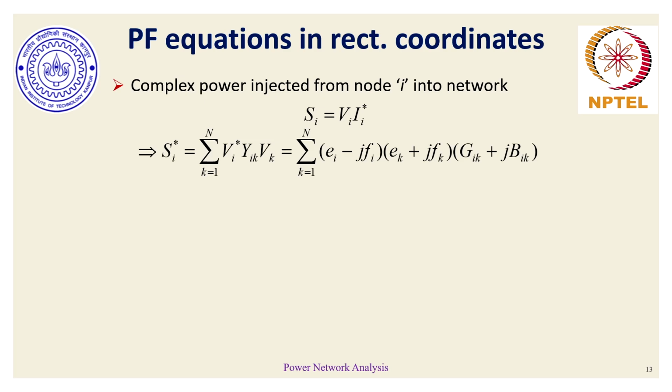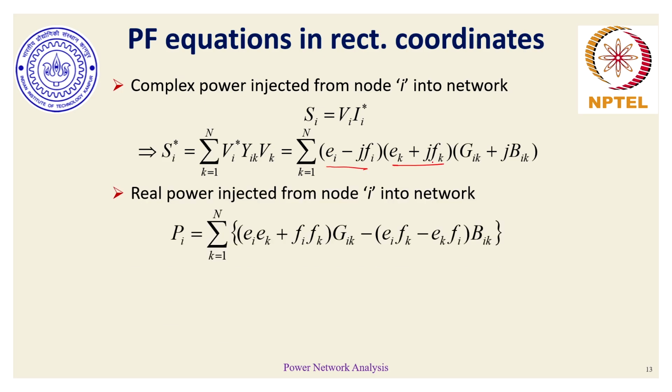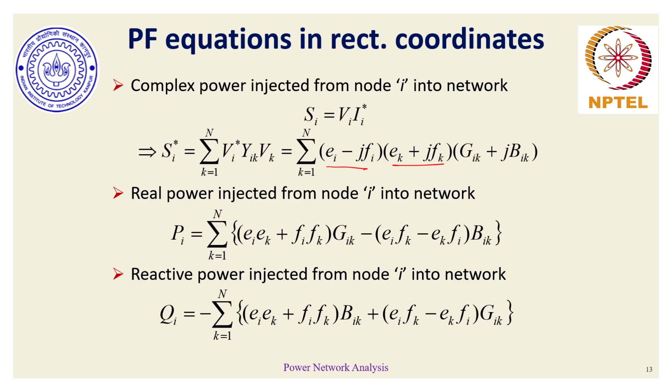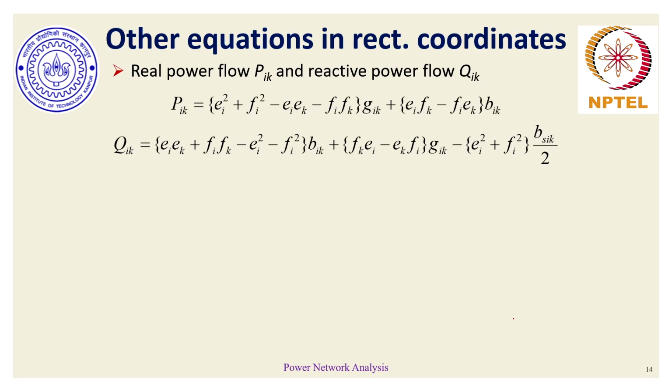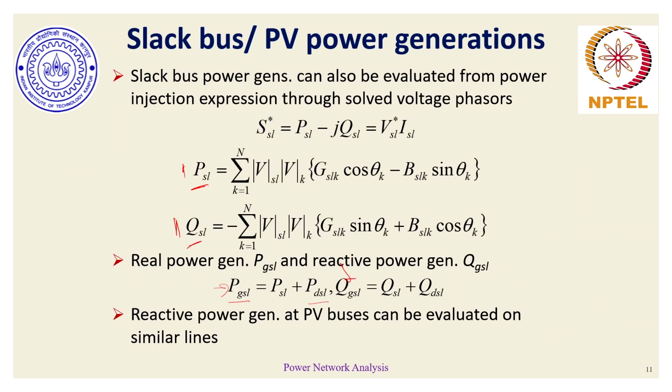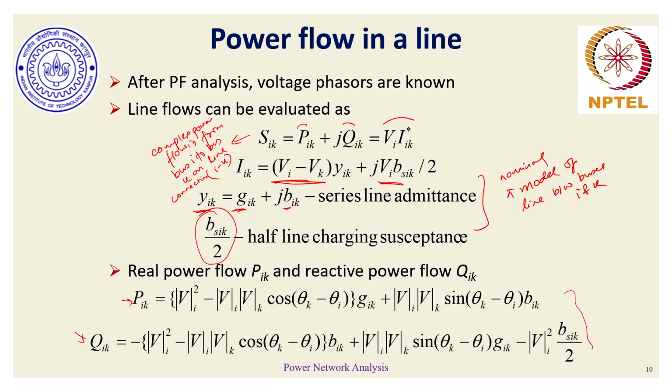The voltage is now expressed in terms of rectangular coordinates. So therein you can separate out the corresponding real and reactive power injection equations. Associated real and reactive power flows on lines can also be evaluated on similar lines. In fact, if you compare the previous slide, which is slide number 10, you can substitute these numbers.